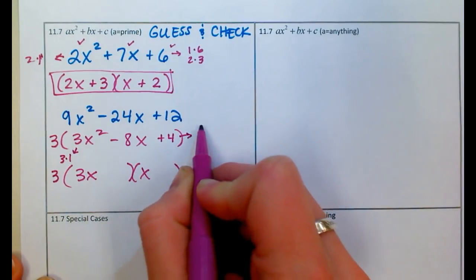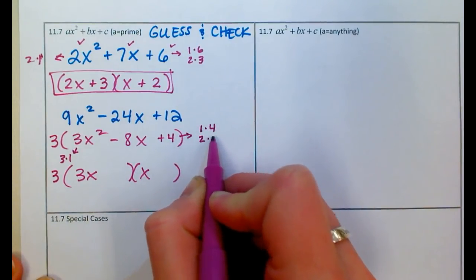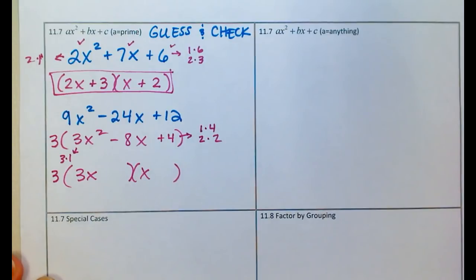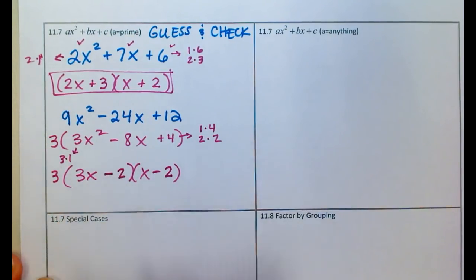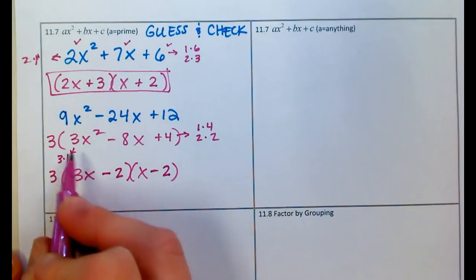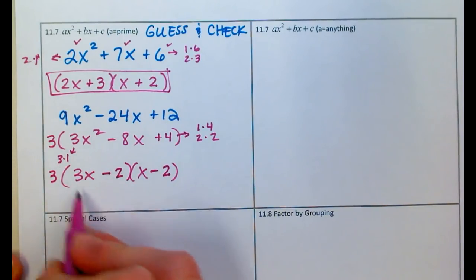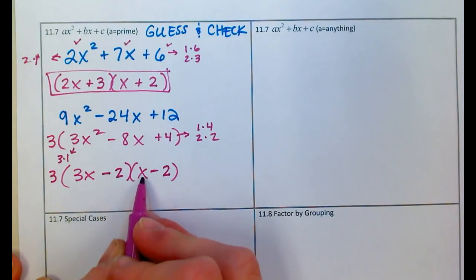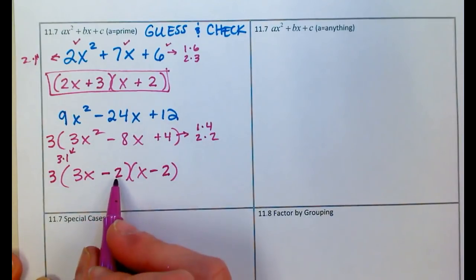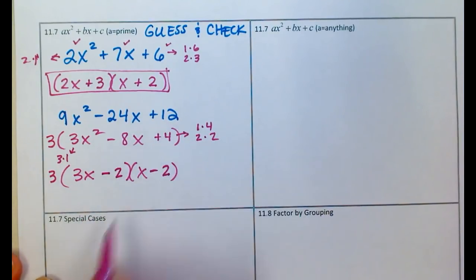My possibilities for 4 were 1 times 4 and 2 times 2. This ends up being negative 2 and negative 2. 3x times x is 3x squared. 3x times negative 2 is negative 6. Negative 2 times x is negative 2x, which gives me my negative 8. Negative 2 times negative 2 is positive 4.